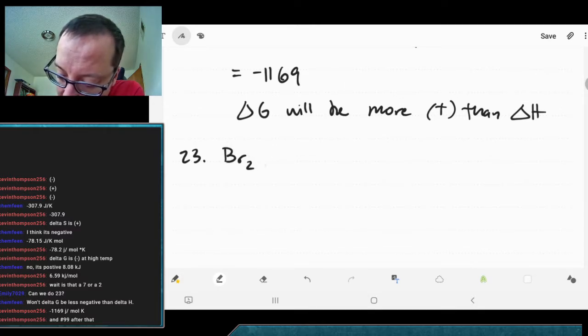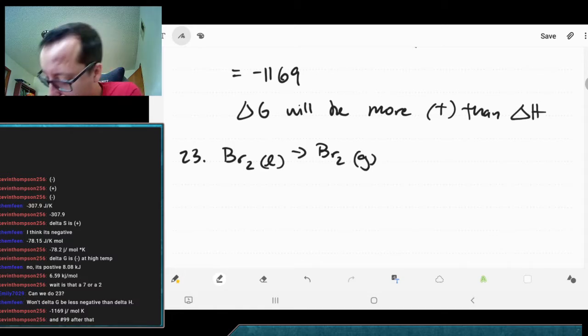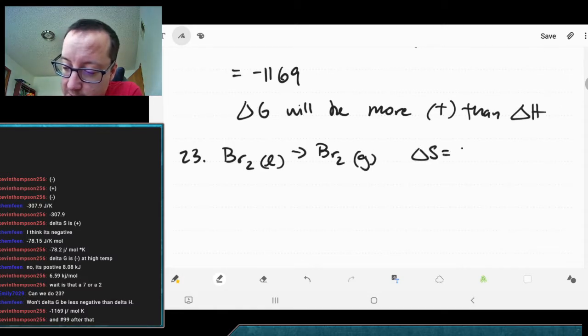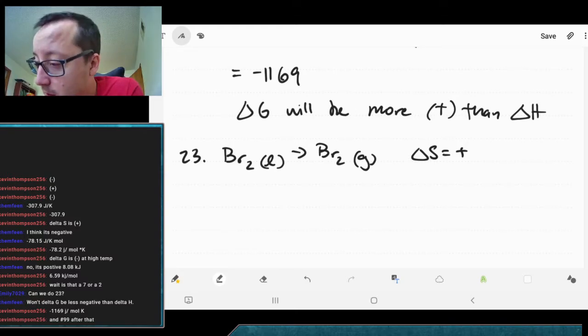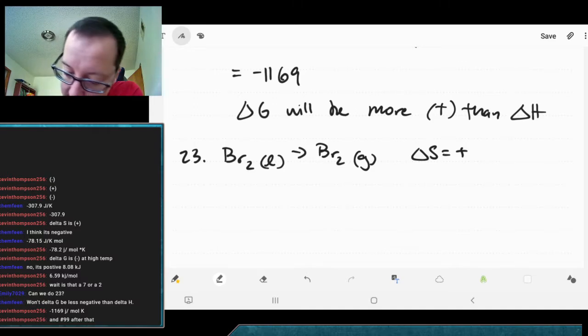We're going from Br2 liquid to Br2 gas. Hopefully all of us can tell this is definitely going to be a positive delta S, because we are going from liquid to gas, so we're increasing our entropy over the course of this reaction.